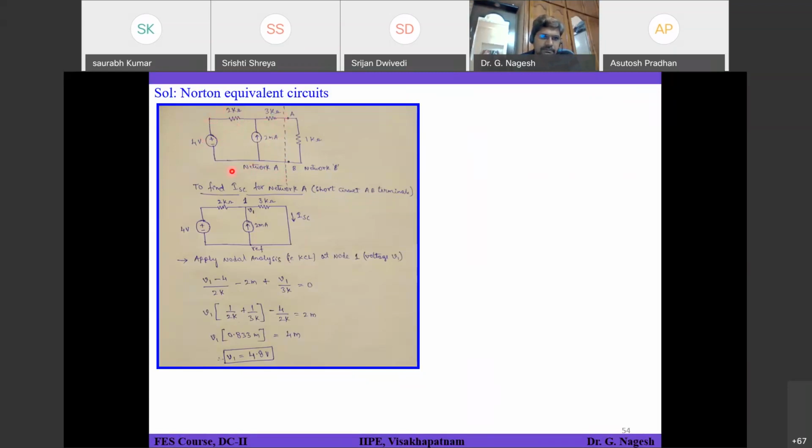You are trying to minimize this entire circuit into a form where a current source and a resistance are in parallel. That's all. You are not taking network B into consideration when you are finding the Norton's equivalent circuit. Is it clear?